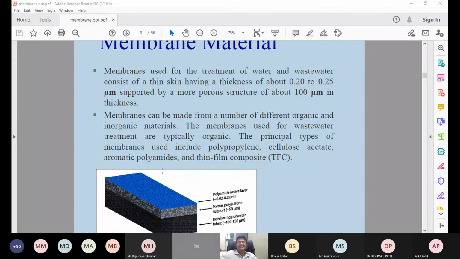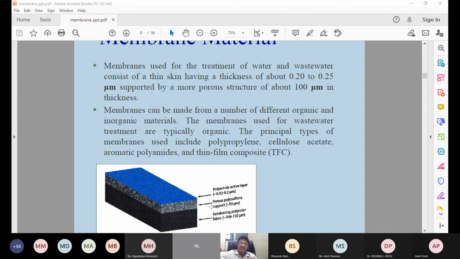Okay. Now the material of the membrane can be organic as well as inorganic. But generally for wastewater treatment we use organics like polypropylene, cellulose acetate, aromatic polyamides, and thin film composites, as you see here. This is the thin film composite made up of a polyamide layer and polysulfone support.